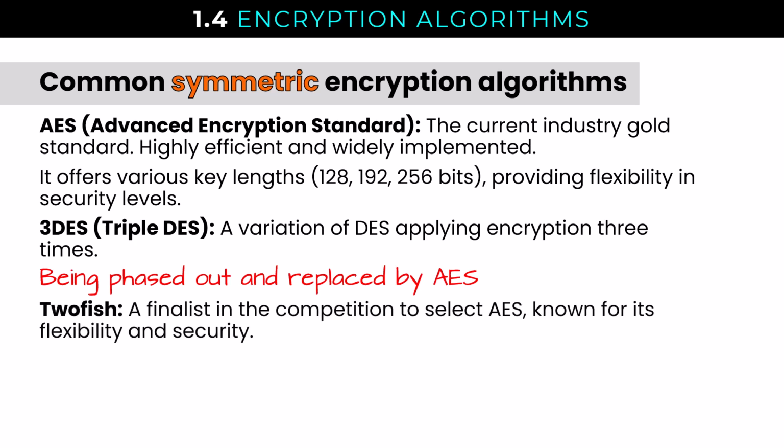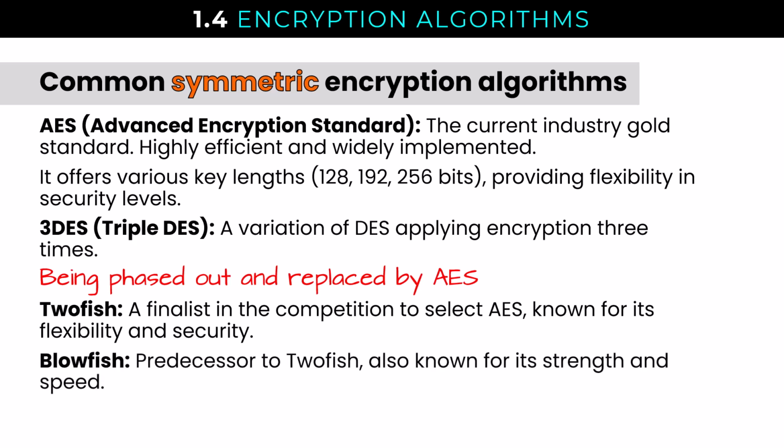2 other examples, there's Twofish, a finalist in the competition where ultimately AES was selected, known for its flexibility and security, and then Blowfish, which was the predecessor to Twofish, also known for its strength and speed. A bit of trivia, Twofish and Blowfish were both written by Bruce Schneier of Schneier on Security, who's written some of the most popular books on security and encryption ever published.